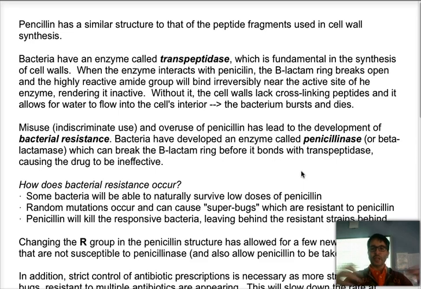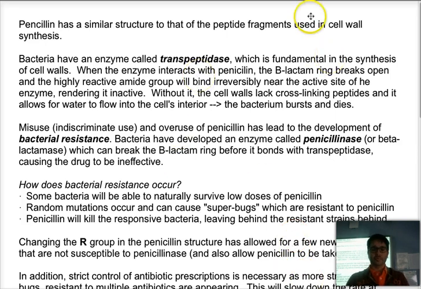The beta-lactam ring, which is very stressed, will open up and bind to the enzyme, inactivating the enzyme. So the bacteria no longer can form cell walls, and when the bacteria cannot form the cell wall, water flows in. It causes lysis because the cell membrane will actually burst. Now, that's basically the general way in which penicillin will work.